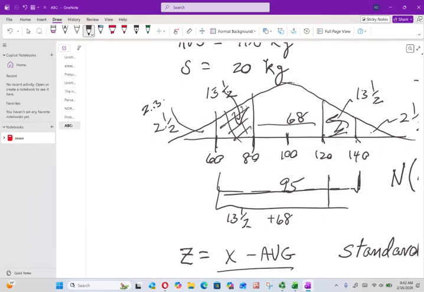This, though, is the probability from the left up to 60. All the probabilities will be from the left. In this picture, we've got 95, 68, we got it all spread out. Both sides, everything. The only probability you will get from a norm.dist is from the left.